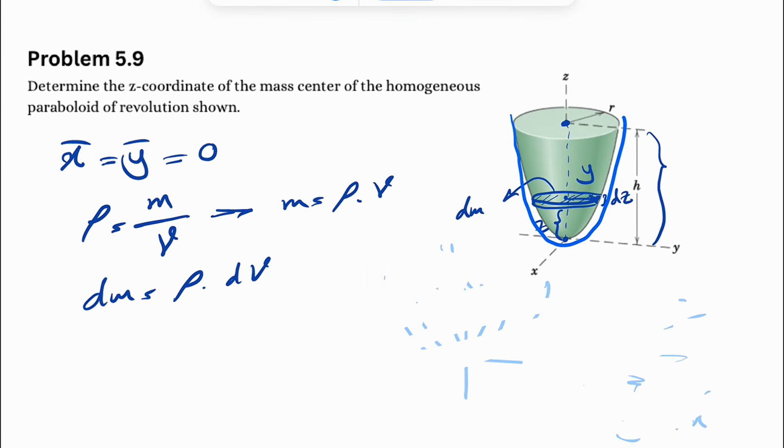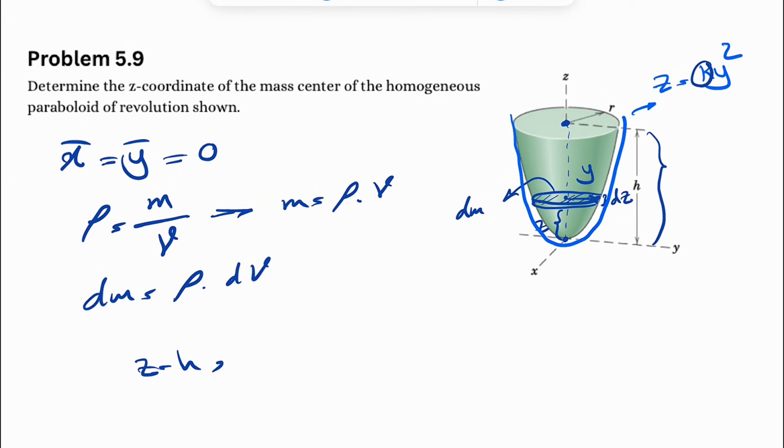So basically we can write down this curve as, now our y is going to be z in here and our x is y, so z equals k y squared. All right, now we have some information about the parabola part of this, and we can get an idea about this k or the constant, because when our z is equal to h, our y would be r, like right at this point.